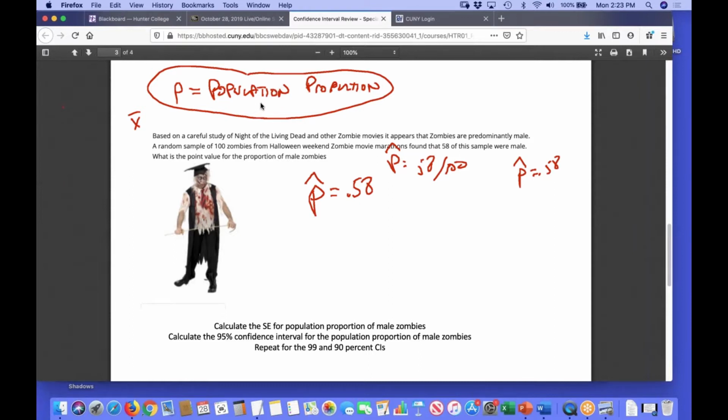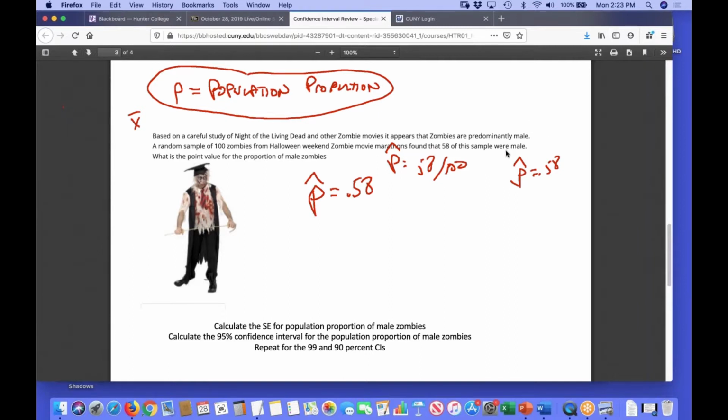So the only thing we have to work with is a sample. Our random sample of 100 zombies turns out to be 58% male. That's very nice, but it's a sample size of 100. If I did it again, I would get a different proportion. Maybe I get 57, maybe I get 59.